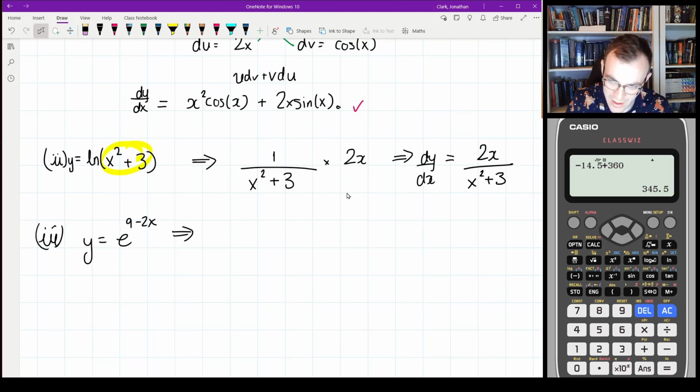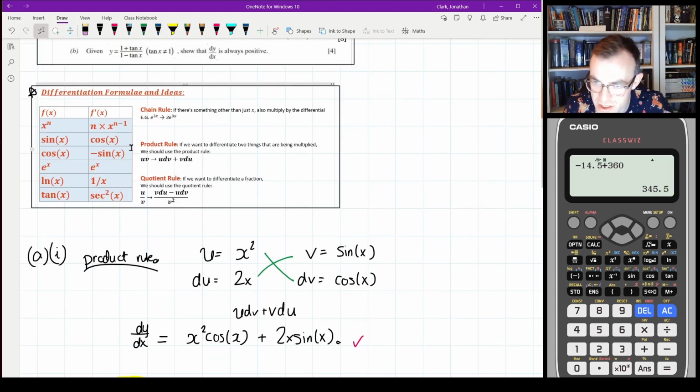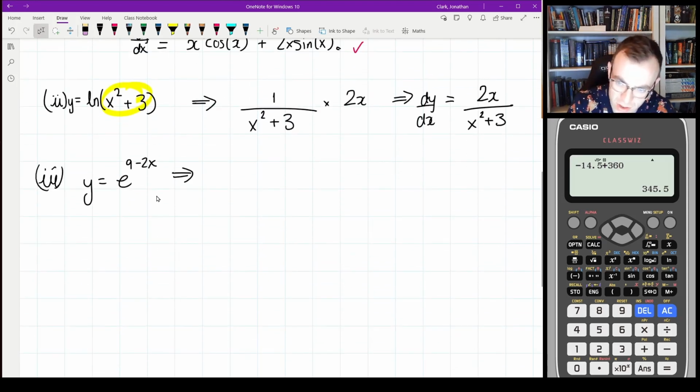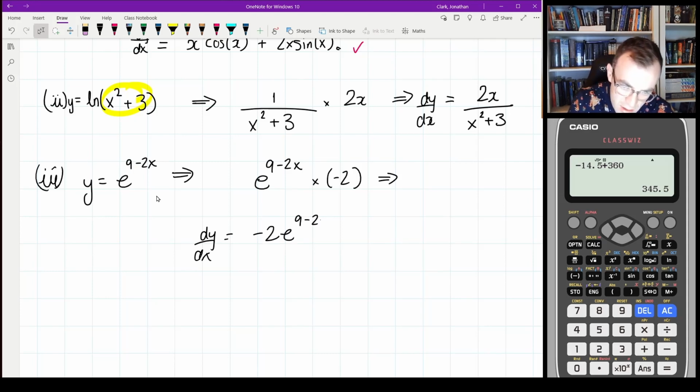This one, multiplying by differential once again, because this is the chain rule, e to the x stays the same. So I'm going to still have e with the same power as before. I'm going to multiply by the differential, which is minus 2, and then my result is going to be minus 2 e to the 9 take away 2x.